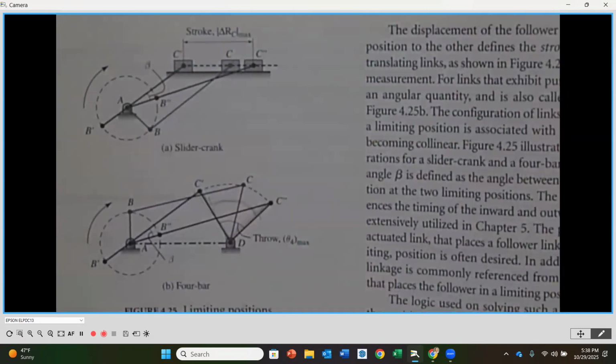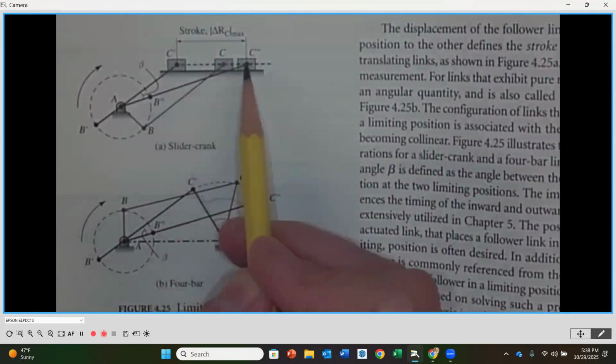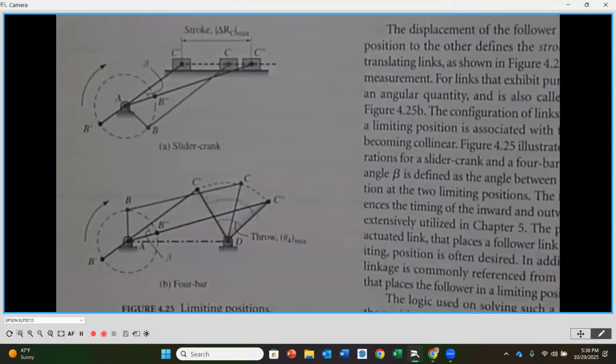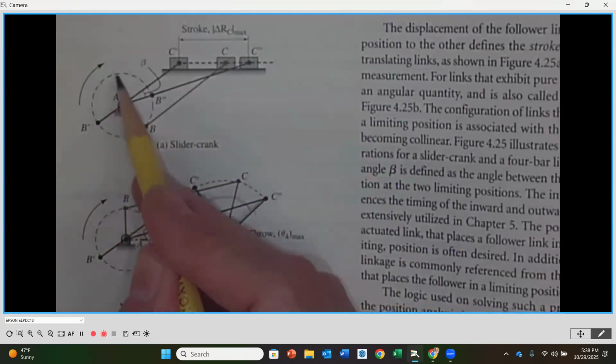You'll notice that over to the right, its furthest position out, they have the placement of the slider in what they call C double prime. And then they have another placement of the slider at C prime. These two extents represent that full motion of the slider when the crank goes all the way around 360 degrees.